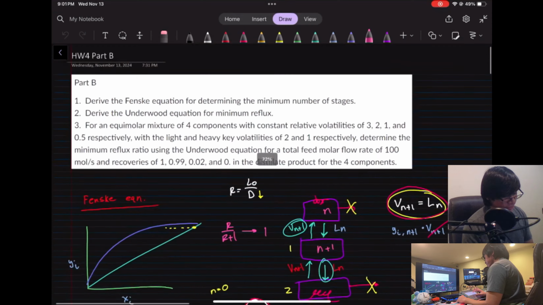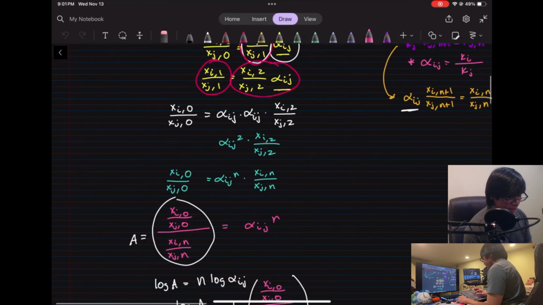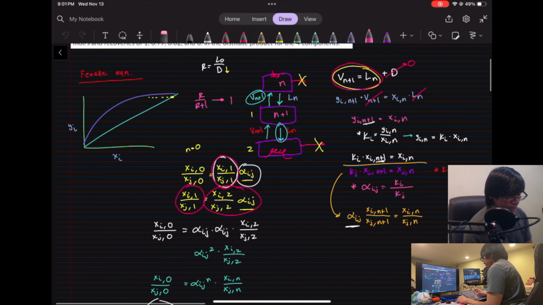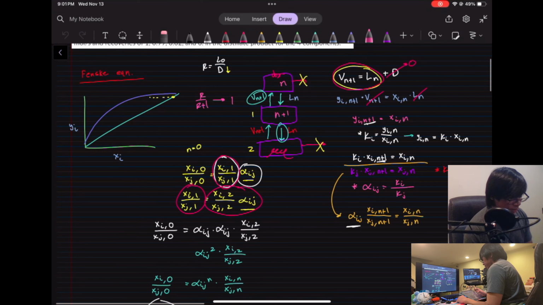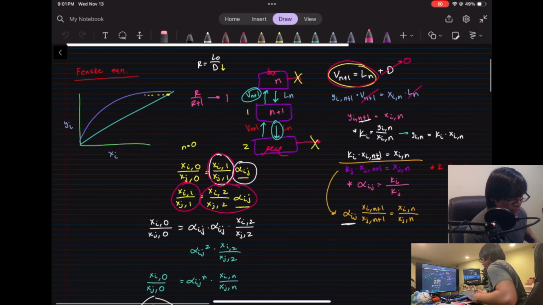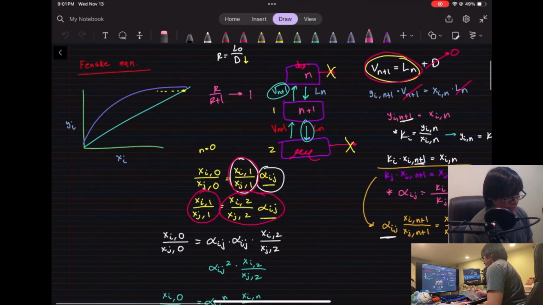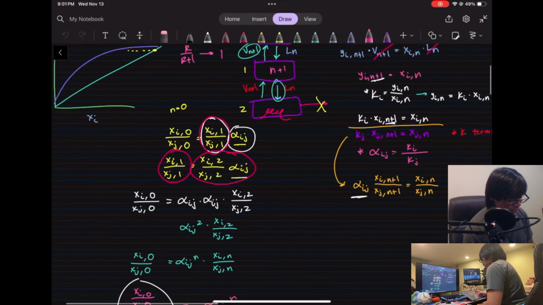Okay, so what we did: the Fenske equation, derived. This was at a reflux approaching 0. So our operating line was the 45-degree line, and we did our mass balance again.